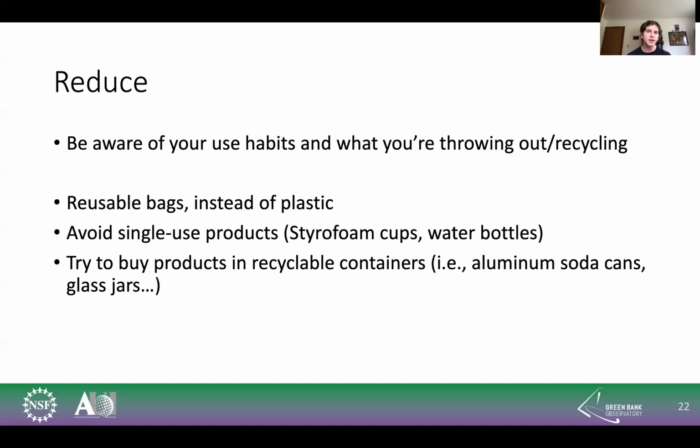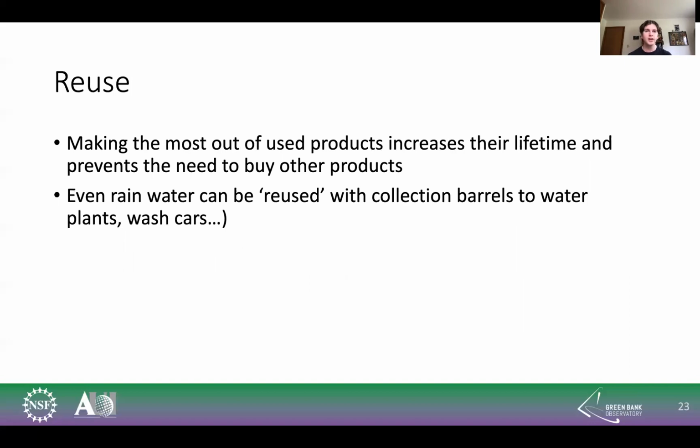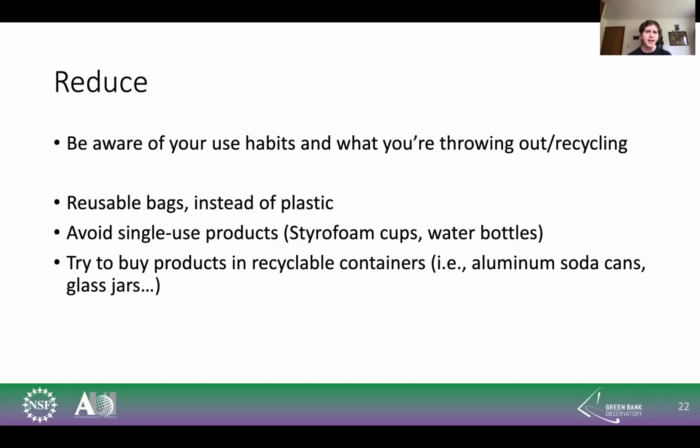You can avoid lots of single-use products like styrofoam cups and those plastic water bottles. And another really common one in a lot of grocery stores is the use of reusable bags instead of their plastic ones. So that's a great way to reduce your habits in creating and throwing away plastics.